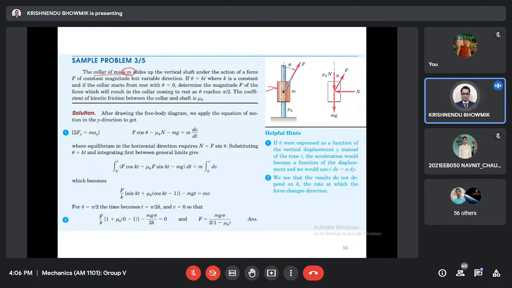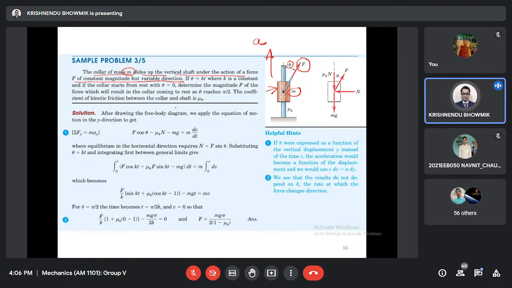Now there is a collar of mass m that slides up. It slides up, which means this is the acceleration direction. It slides up the vertical shaft under the action of a force F of constant magnitude but variable direction. F is constant, theta is varying.